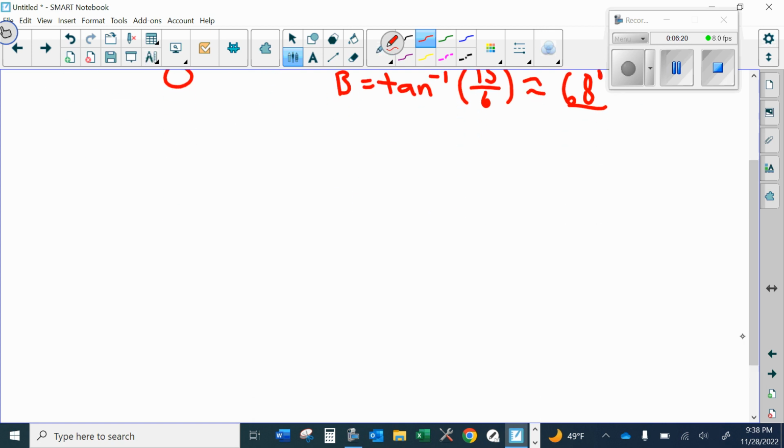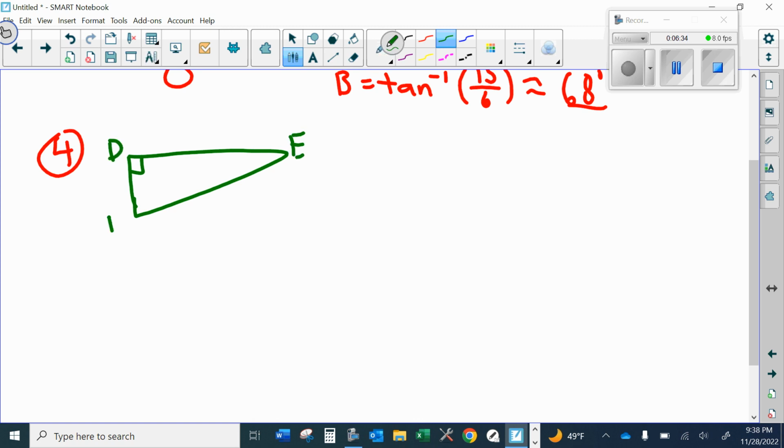Let's just go ahead and move this down. 4. Change to green. D, E, F, say.